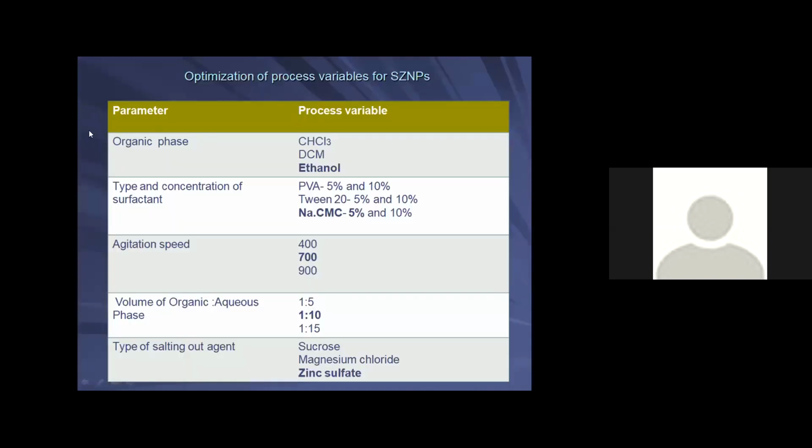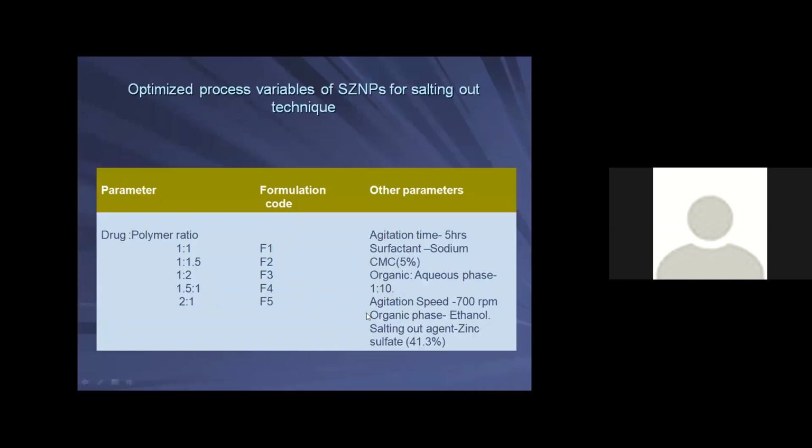These are the various process parameters which we have optimized. Ethanol was selected as the organic phase, sodium CMC 5% as surfactant, agitation speed 700, and organic to aqueous phase ratio 1:10 gave the better result. The salting agent zinc sulfate showed better properties compared to sucrose and magnesium chloride.